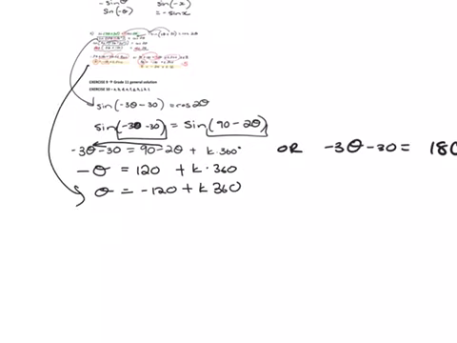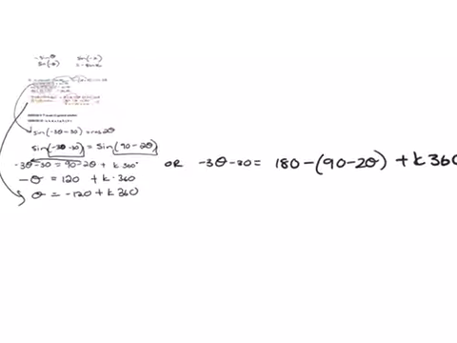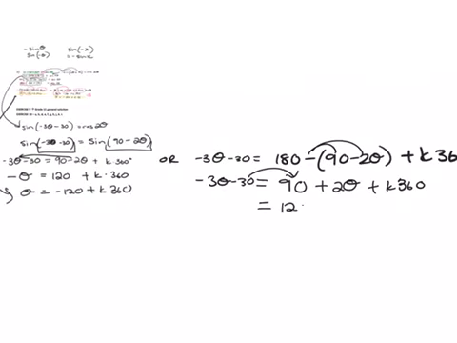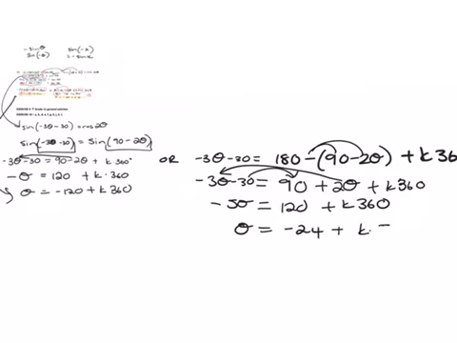That's the same answer from above. Or on the other side, we distribute our negative in. It's going to be 180 minus 90, which is 90, plus 2 theta, plus k360, and negative 3 theta minus 30. I bring that across, make it 120, bring that across, negative 5 theta plus k360, and so it's still going to get you negative 24 plus k72.